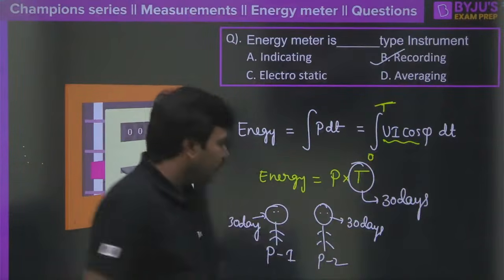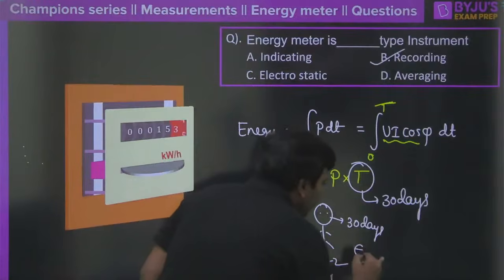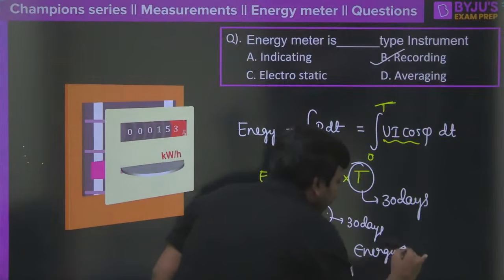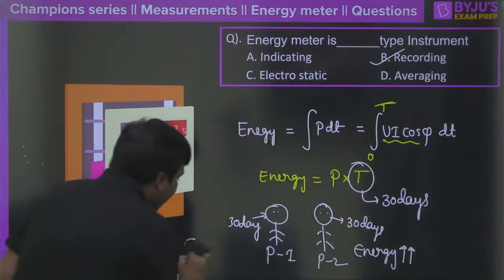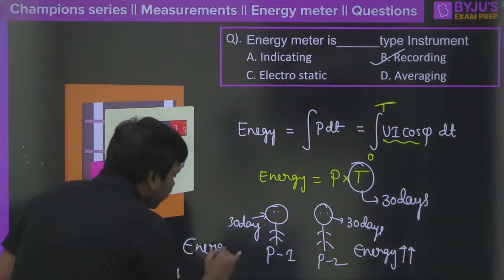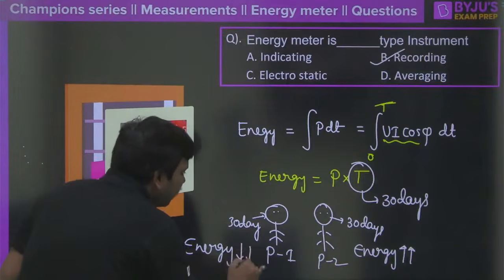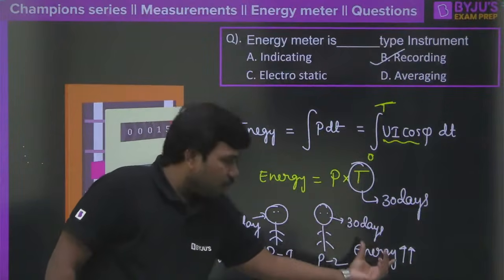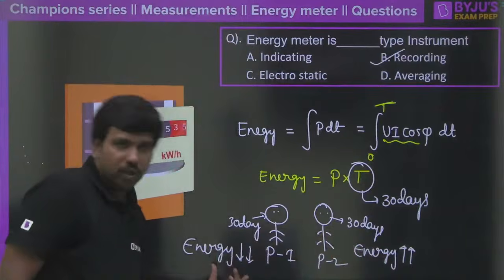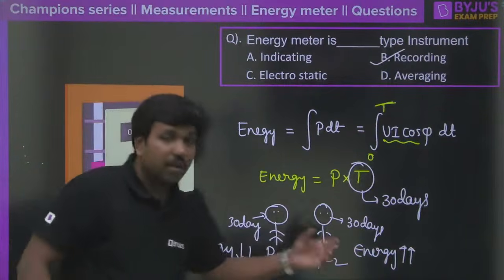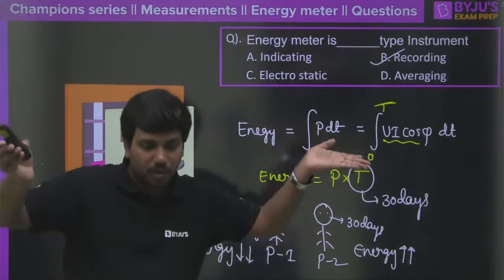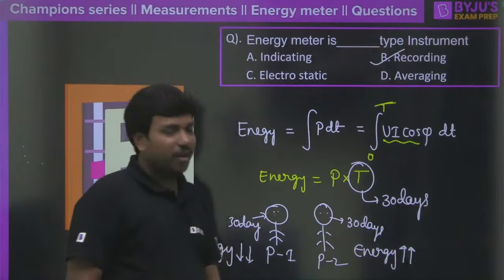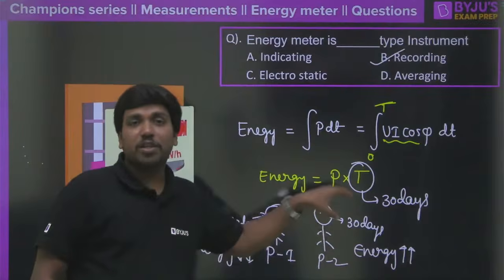What does it mean? Here energy consumption is more, and here energy consumption is less. It means the second person consumed more energy compared to the first person in his house. In that case, where is the power consumption more?